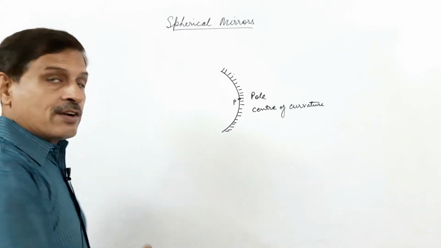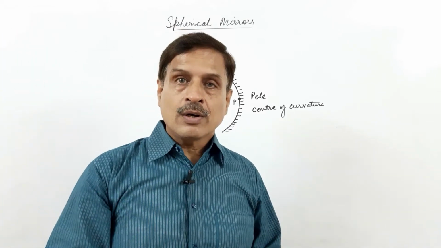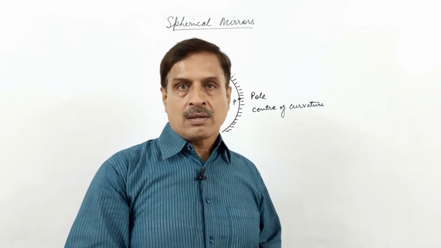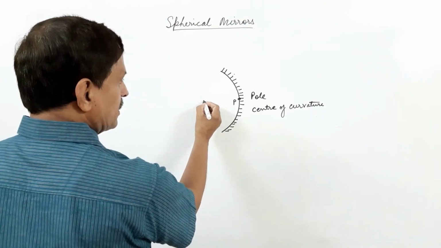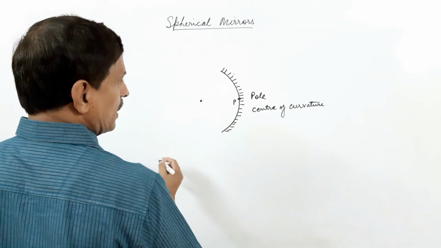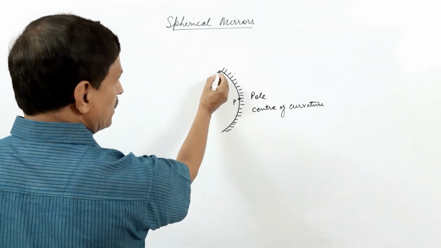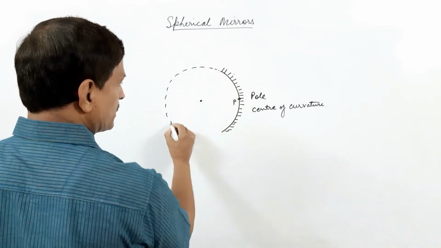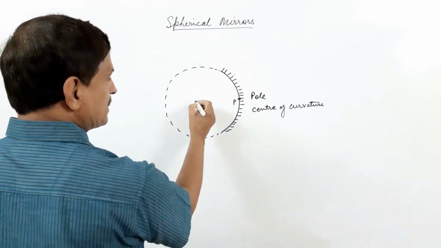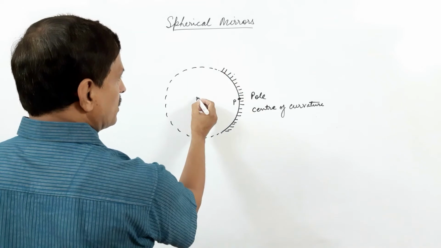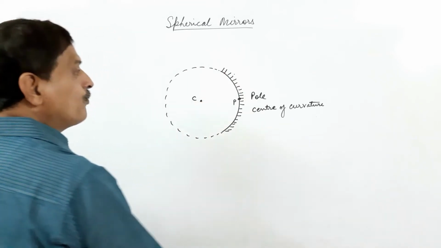The geometric center of the sphere of which the mirror forms a part is called the center of curvature. If we complete the sphere, it is like this. This is the geometric center of this hollow sphere. So, this is called the center of curvature.